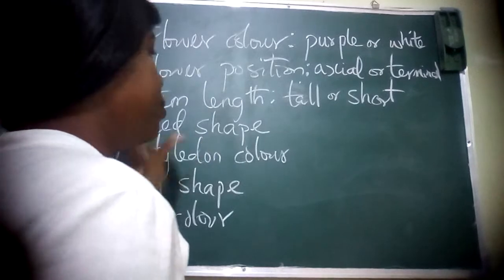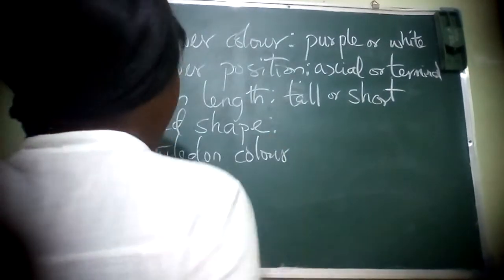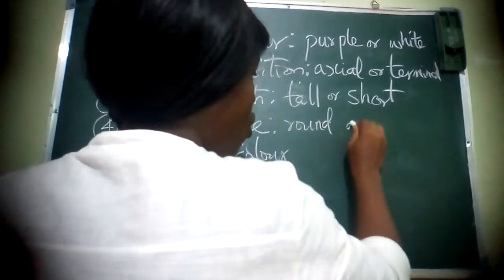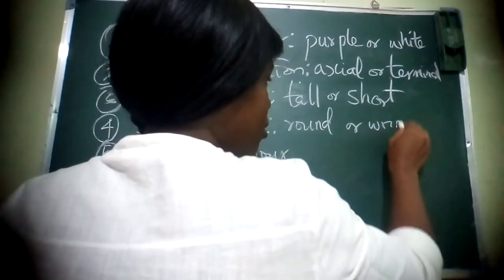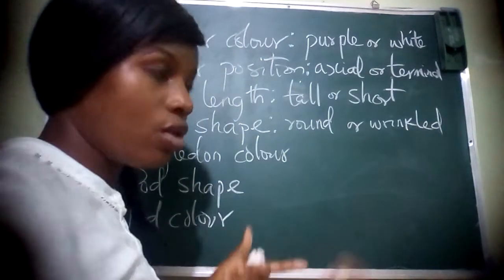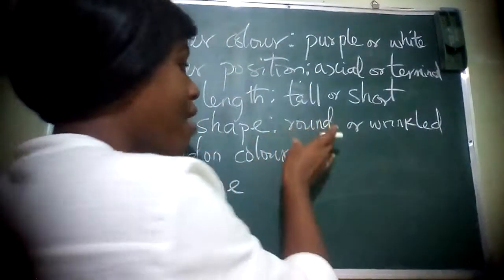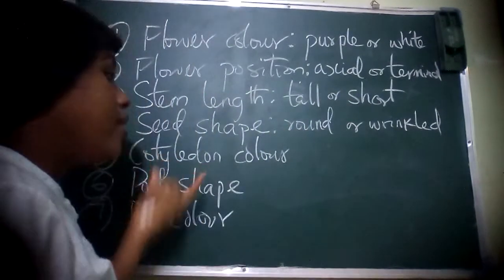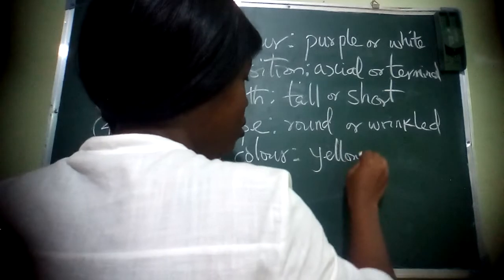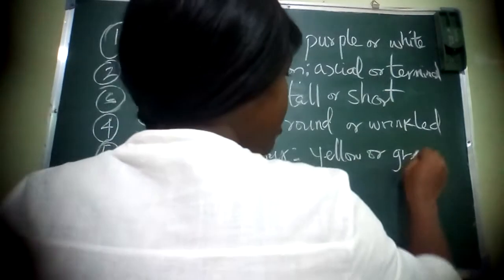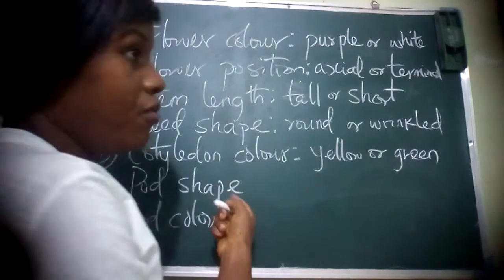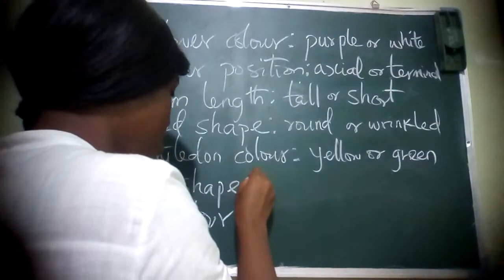For seed shape, he had either round or wrinkled. So one plant cannot have different seeds, some round, some wrinkled. You stick to either round or wrinkled seeds. Then cotyledon color had either yellow or green. And then pod shape, these are the shape of the ripe pods.